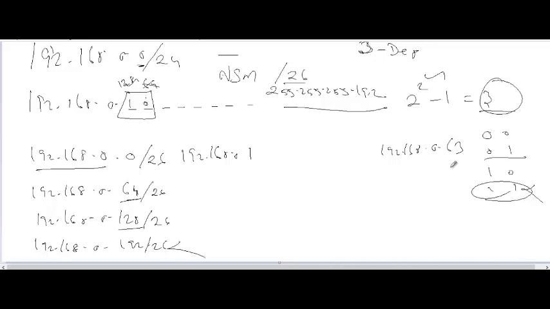See, it can be also like this. And then the network is not always 0. It can be even 64, 128. So there should not be an assumption that all the networks will be having 0 and all the broadcasts will be having 255. That's an assumption. That's not correct.